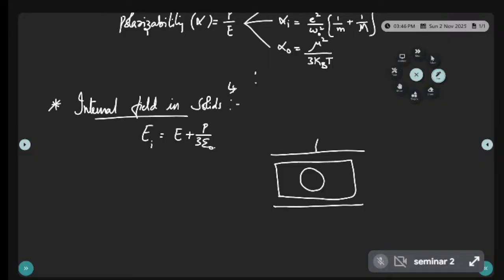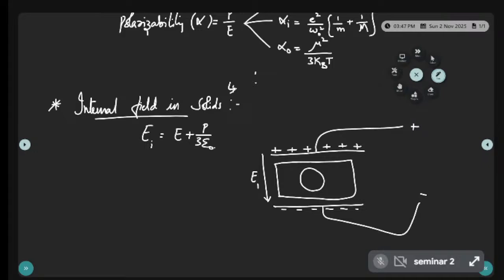Now this plate is connected to positive and this to negative. So what charge is going to develop on this? Positive plate positive, negative plate negative. So from positive to negative, a field is going to be set up. That field is E1.